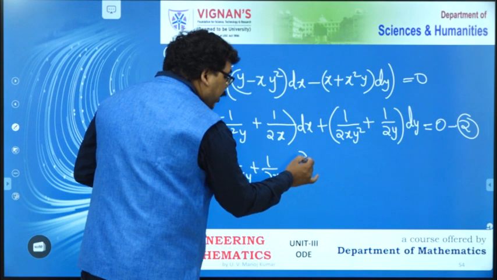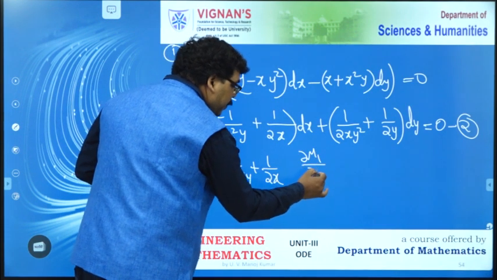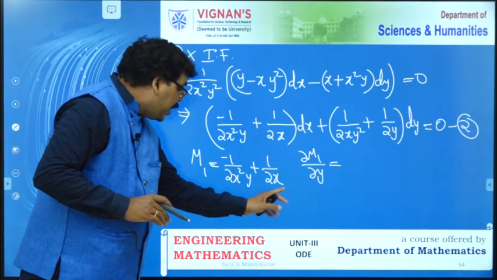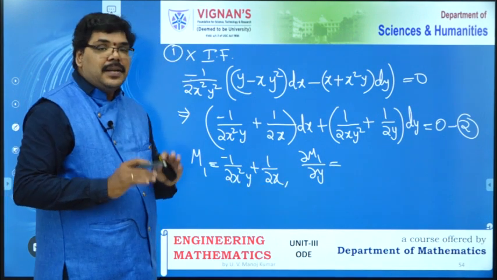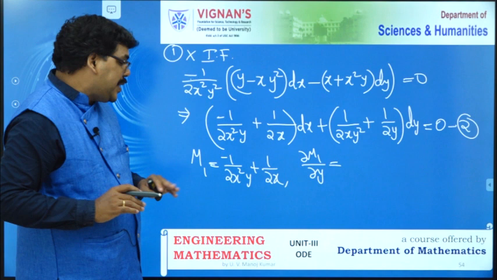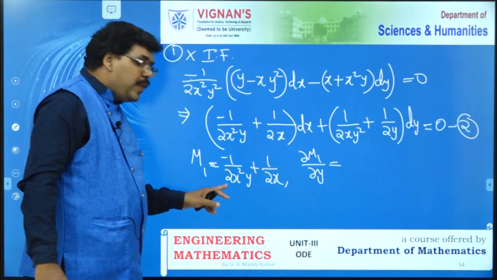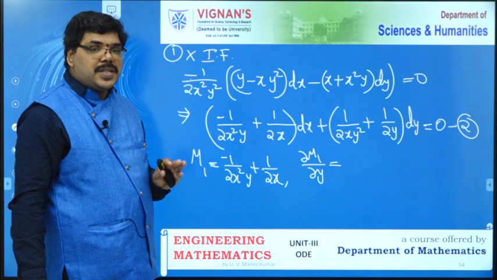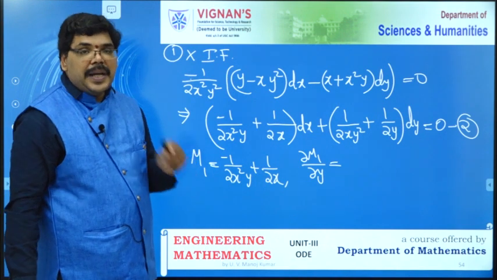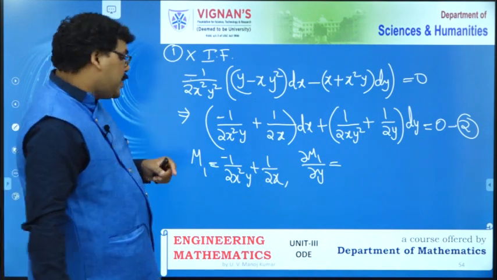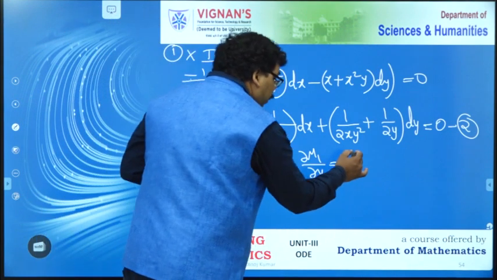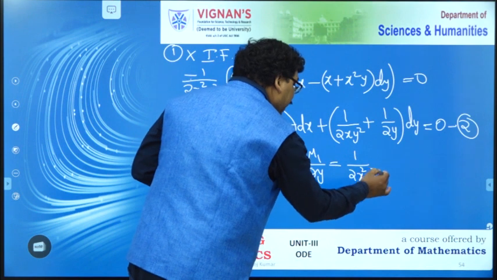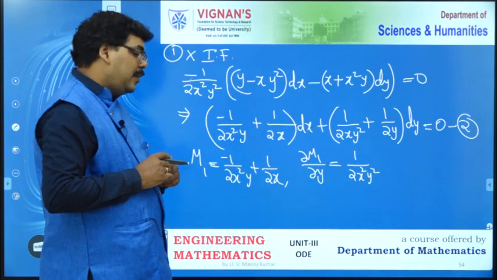So ∂M1/∂y will be, if I differentiate with respect to y, 1 by 2x is constant, constant derivative is 0, second term derivative becomes 0. First term, minus 1 by 2x square is constant, derivative of 1 by y is minus 1 by y square. So I will get 1 by 2x square y square.